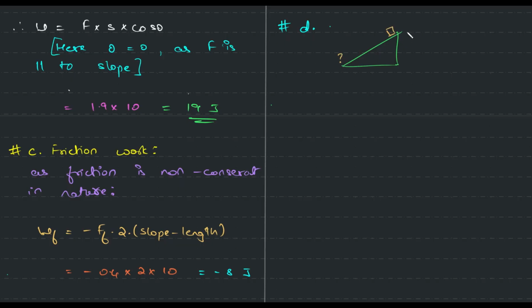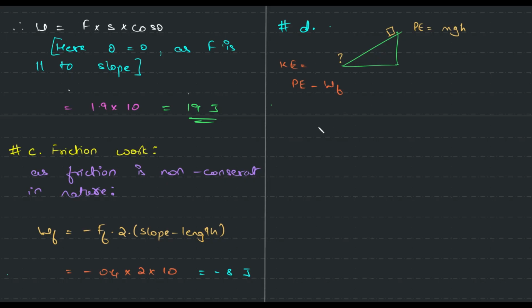This object has some potential energy over here, equal to mgh, and that will be equal to the kinetic energy at the bottom, provided we have a frictionless surface. Because friction is there, there's work that has to be done against friction, so that energy will be taken out. So if I subtract from this the frictional work already calculated for going and coming, half of that will be 4, and you're pretty much done.